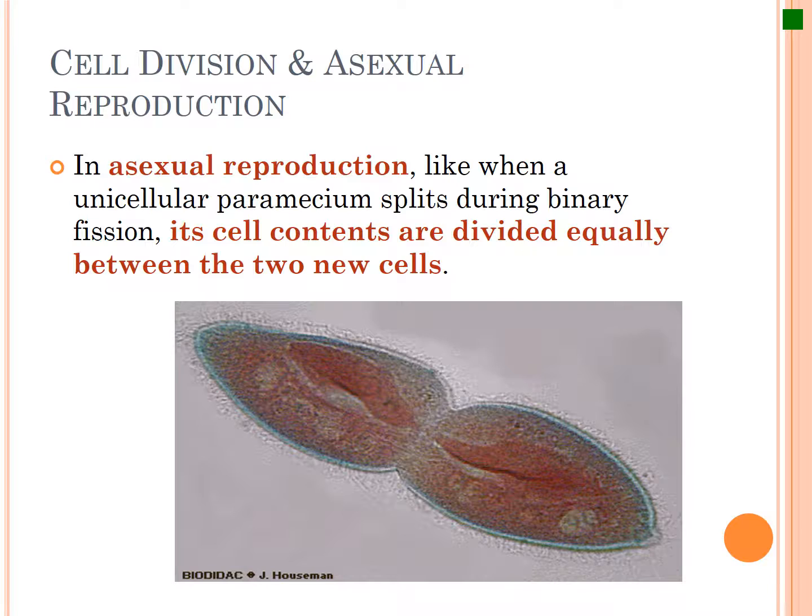Okay, so cell division and asexual reproduction. Here we have a paramecium. The paramecium is a unicellular organism that reproduces asexually by binary fission. We learned about binary fission as being one of the examples of asexual reproduction. The contents are divided equally between the two cells.